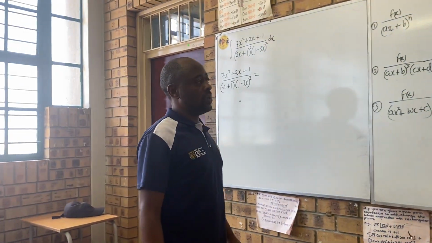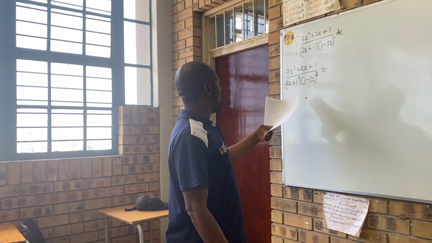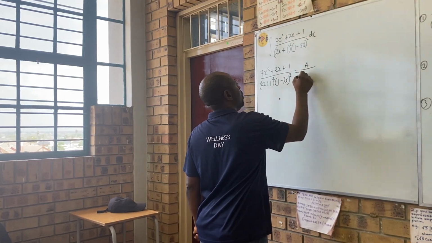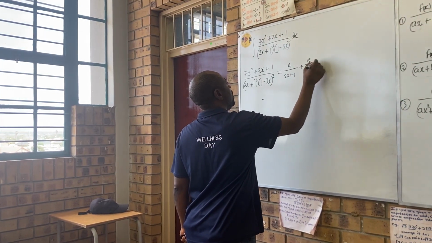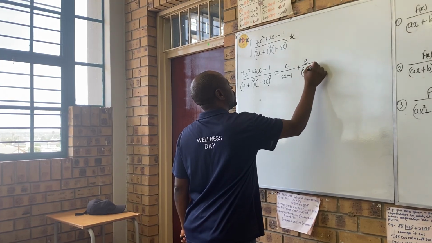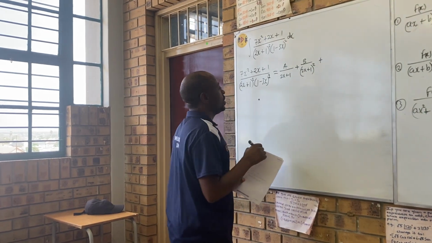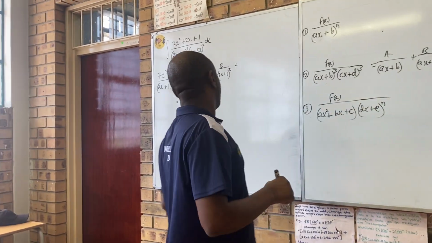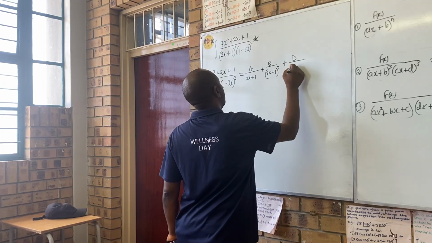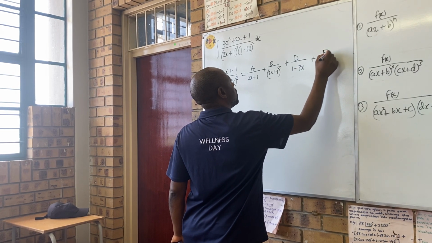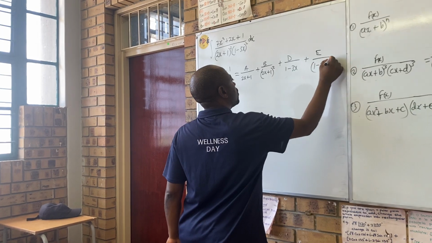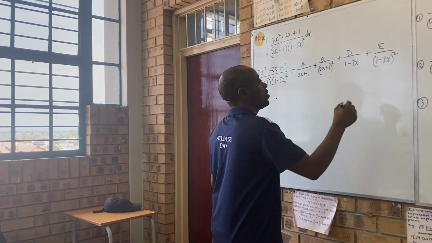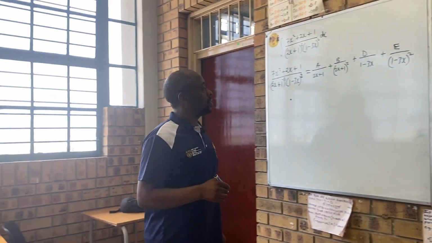Since I'm only ending at the power 2, I'll take A on (2x plus 1) plus B on (2x plus 1) all squared, plus, skipping C because there is no power 3 in my problem, D on (1 minus 3x) plus E on (1 minus 3x) all squared. You can still choose to just call it A, B, C, D all across, but I'm sticking to what my formula sheet is guiding me to do.